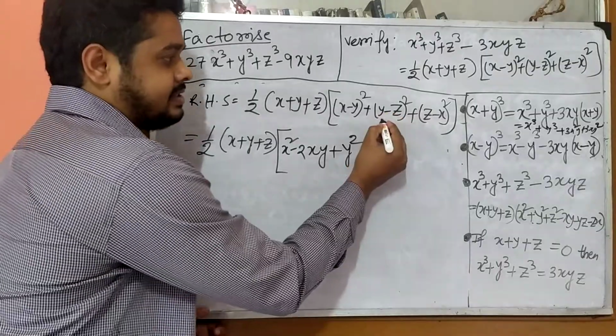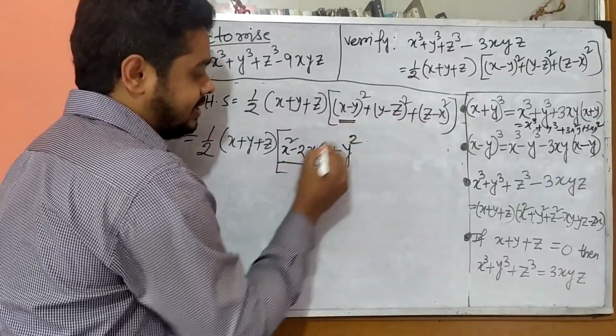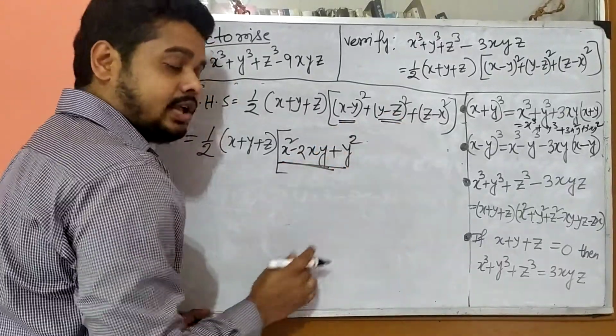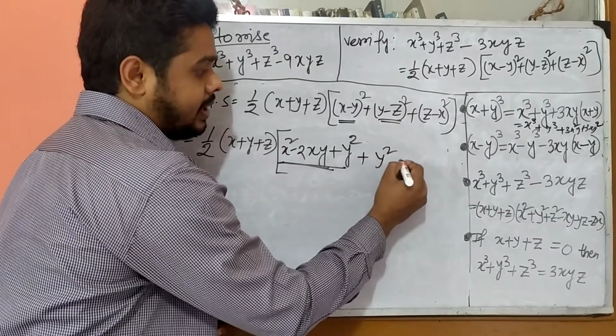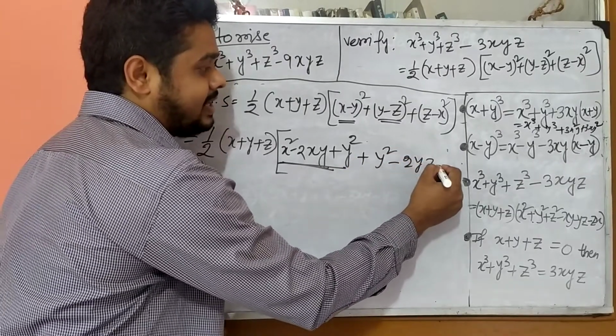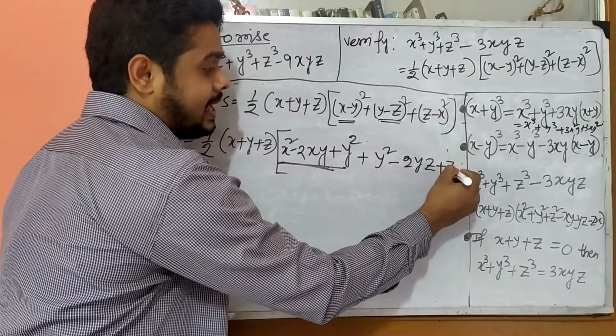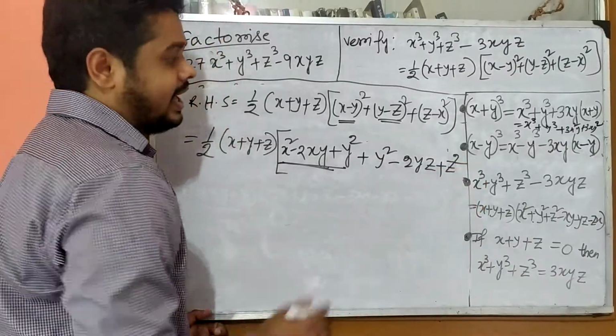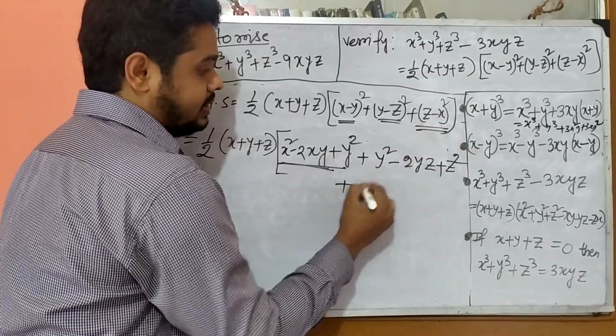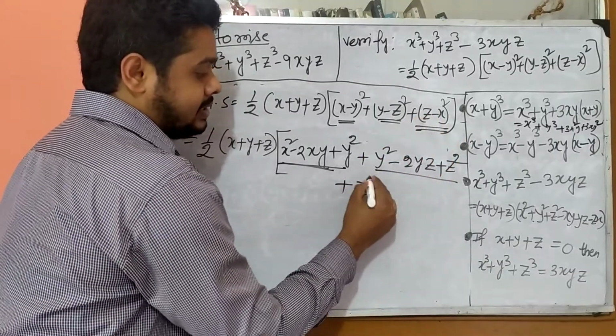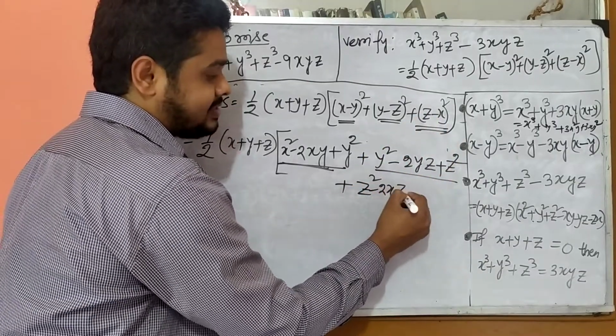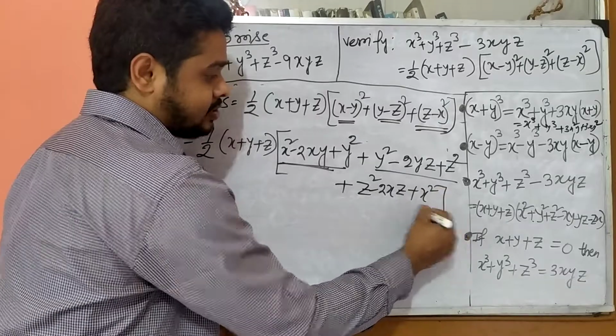You know that? Similarly, instead of that, this one. Now what is the identity of that? y square minus 2yz plus z square. After that, what is the identity of that? The last one, z square minus 2xz plus x square.